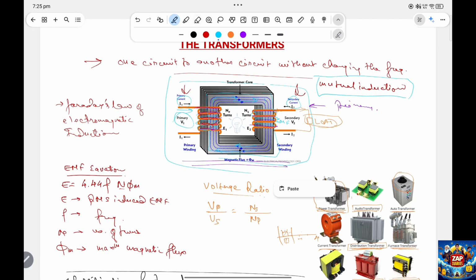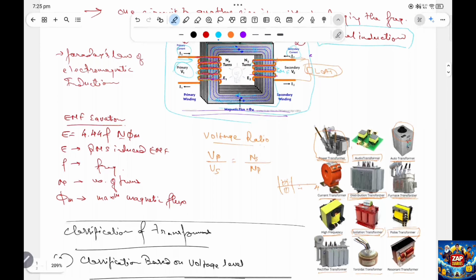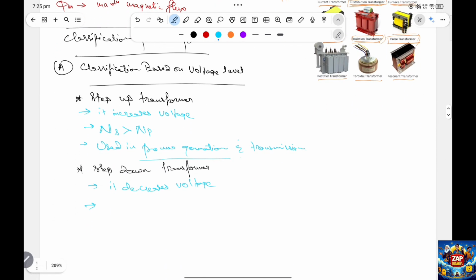If we consider this transformer as it is, then this is an example of a step down transformer. So yes, we can say that number of turns in the secondary side is less than number of turns in the primary side.